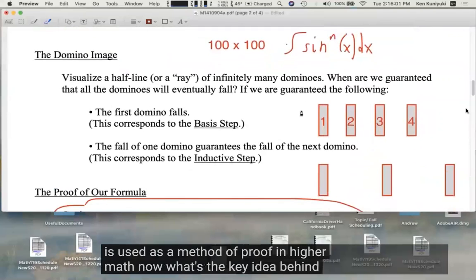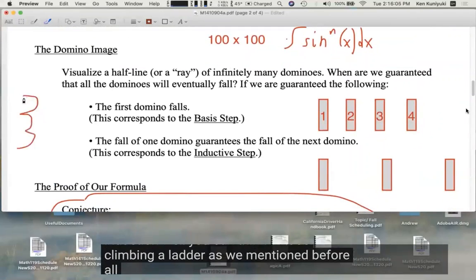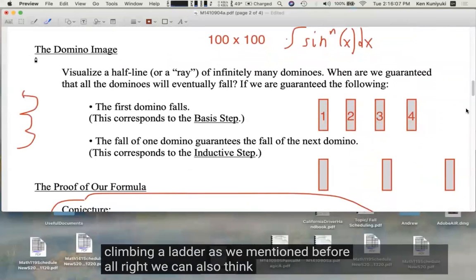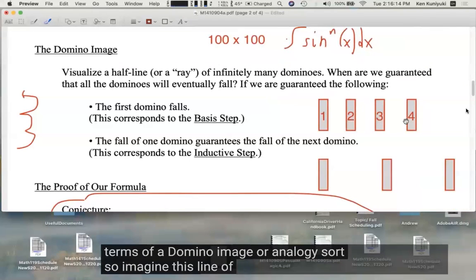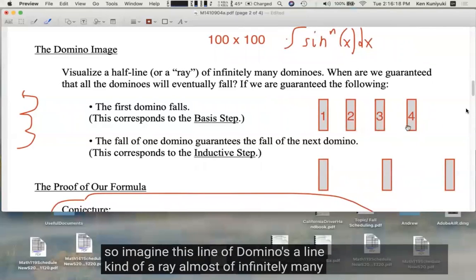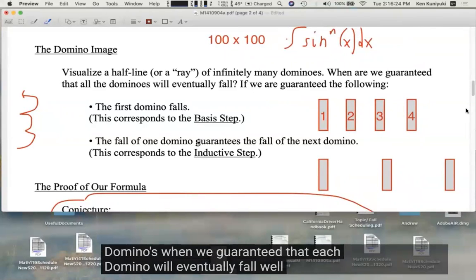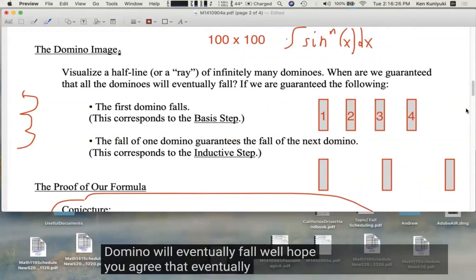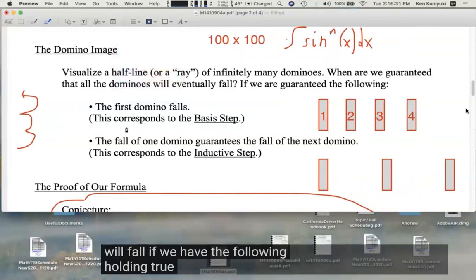Now, what's the key idea behind induction? Well, you can think of it as climbing a ladder, as we mentioned before. We can also think of it in terms of a domino analogy. So imagine this line of infinitely many dominoes. When are we guaranteed that each domino will eventually fall? Well, I hope you agree that eventually each domino will fall if the following holds true.